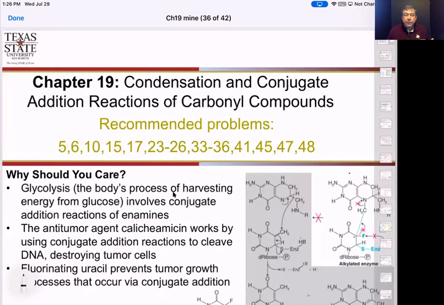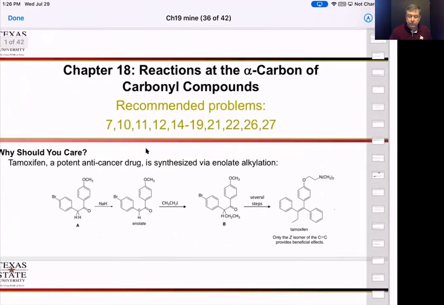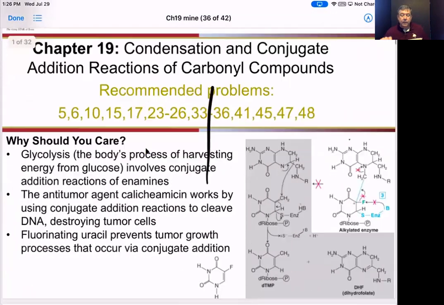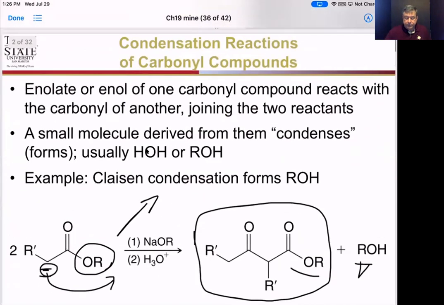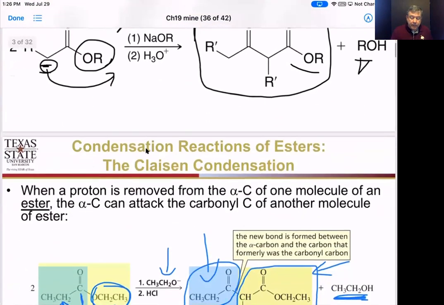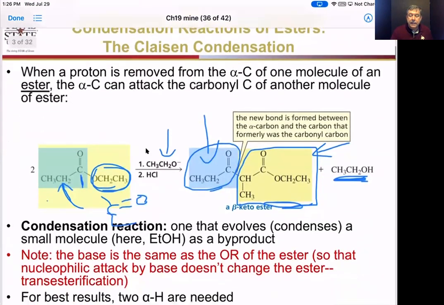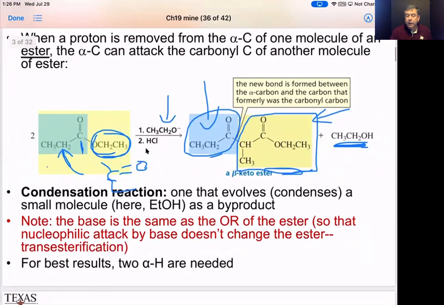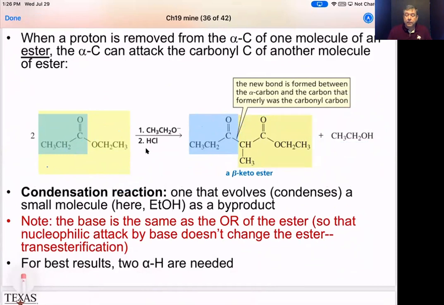So this same kind of summarization for chapter 19, okay? All right, first thing to remember is all Claisens use esters, okay? So that's the key, that's our first step here. So in our Claisen reaction here, we use esters. Okay, so in a simple Claisen reaction, we use the same ester as the enolate and as the attacking species, okay?